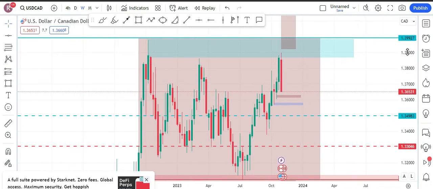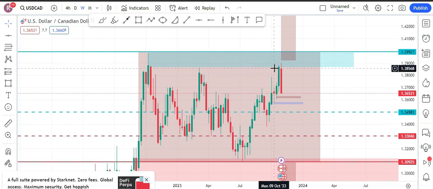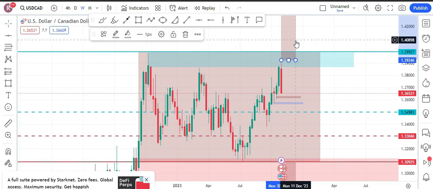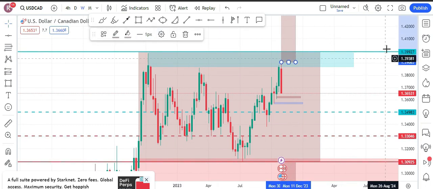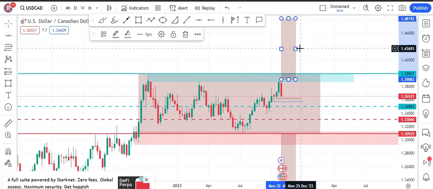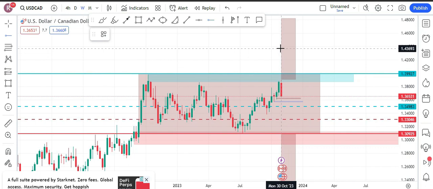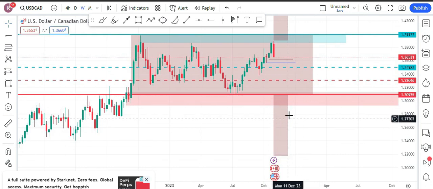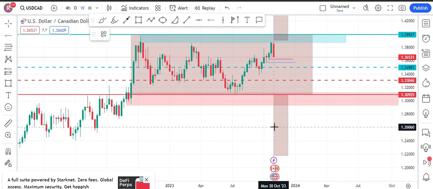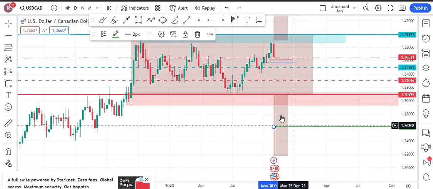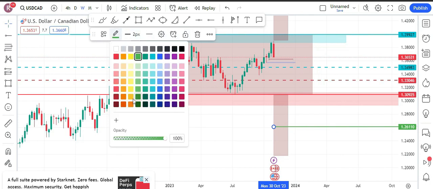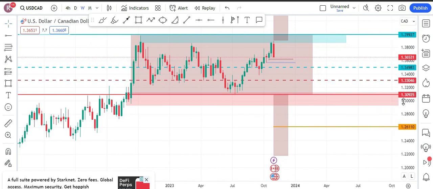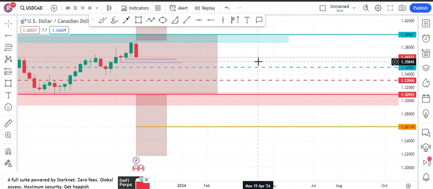So now we have to see if it breaks upward from here, then we may have a chance that we will see some upside and it will come here. And if not, if it breaks down from this zone, then we will expect that it will come somewhere here, half of it. So there is nothing we can do at the moment.